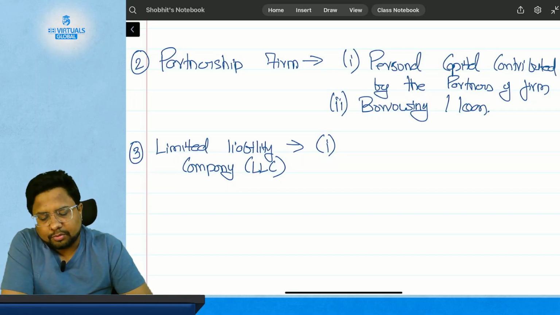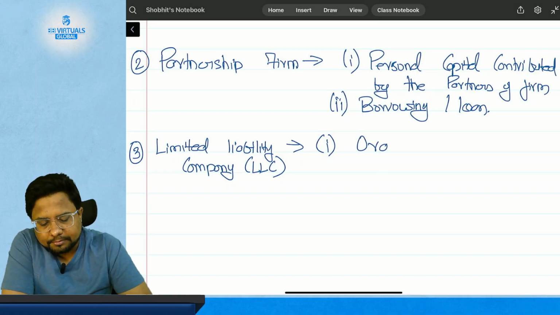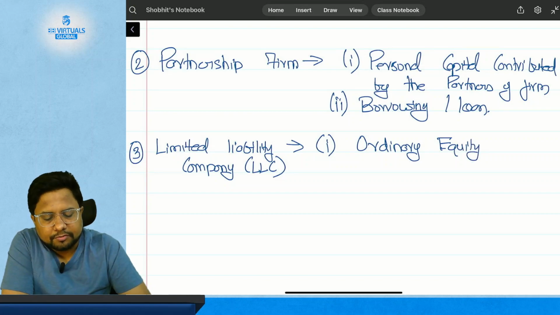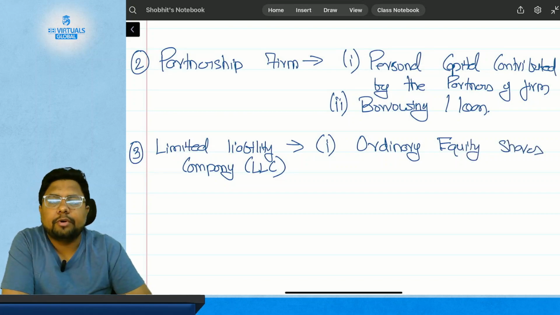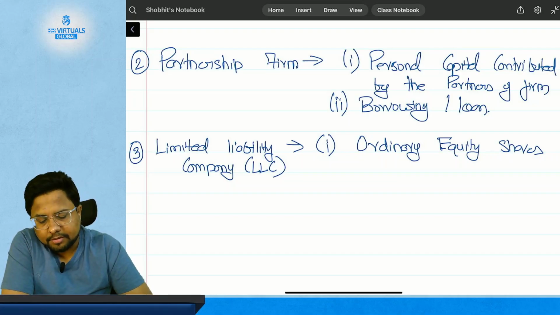So the first source is ordinary equity shares. Then comes the second source, which is preference shares.